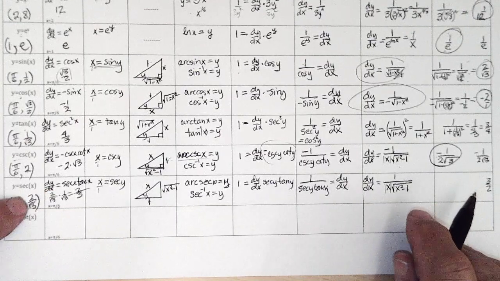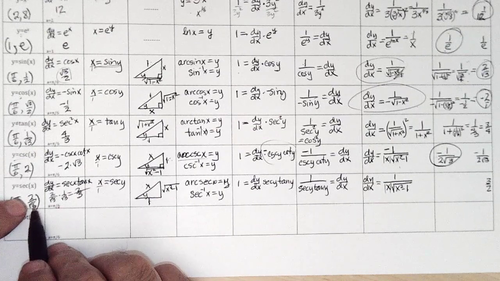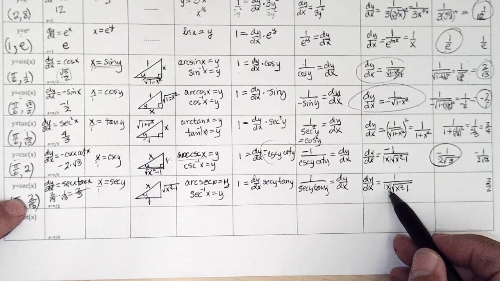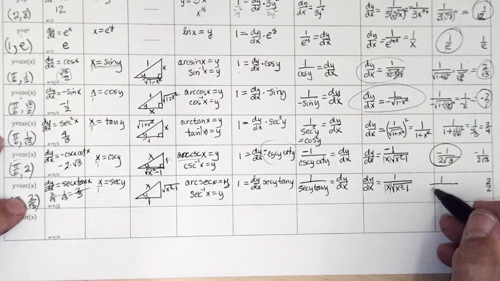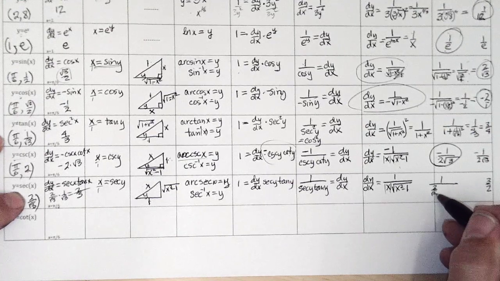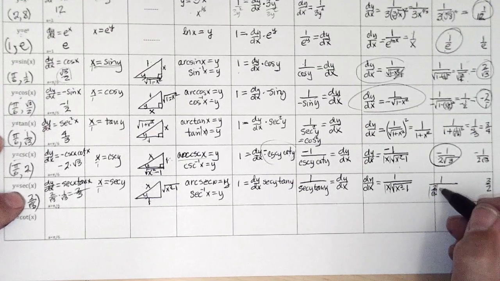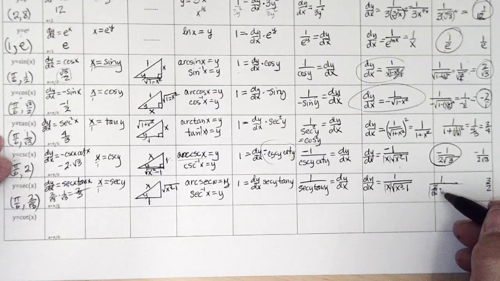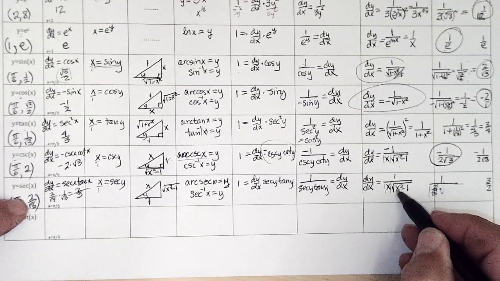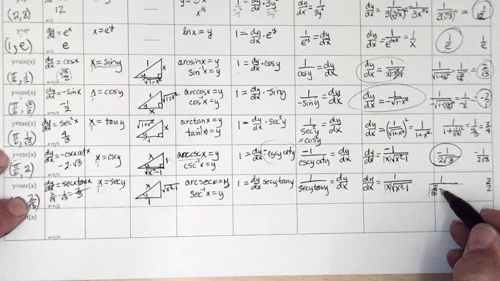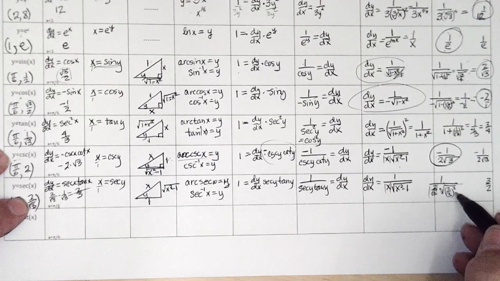And if I plug in the x value, 2 over the square root of 3, hopefully I get this. So I get 1 over 2 over the square root of 3 in absolute value times the square root of the x squared, which is 2 over the square root of 3 squared, minus 1.